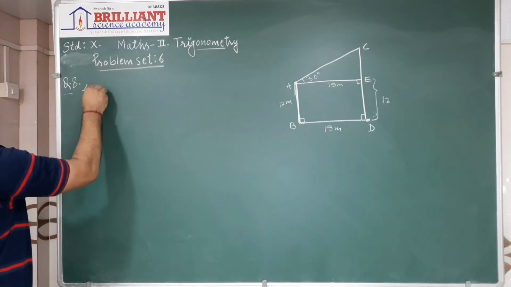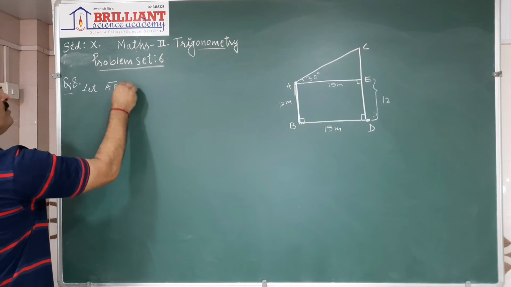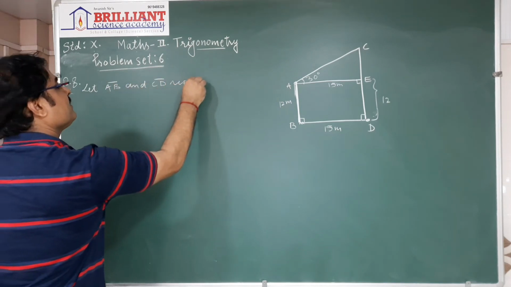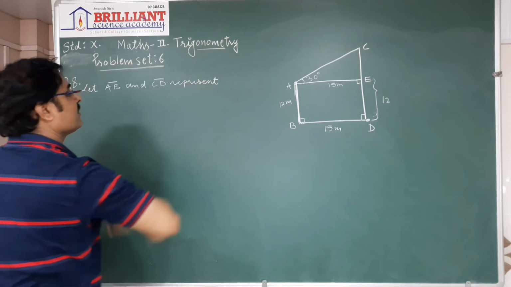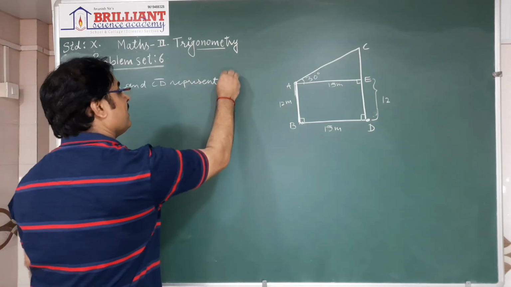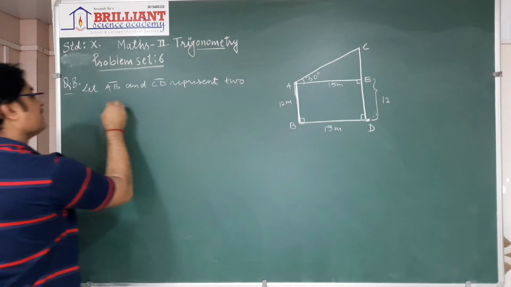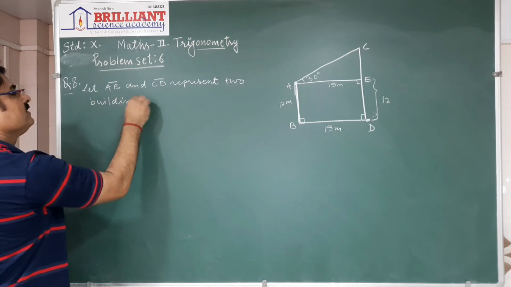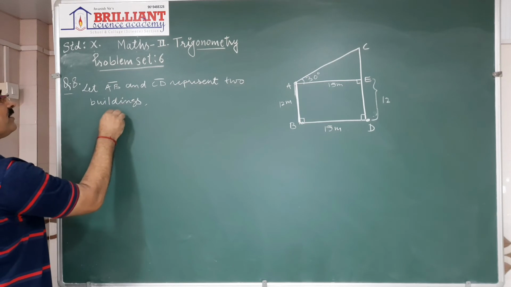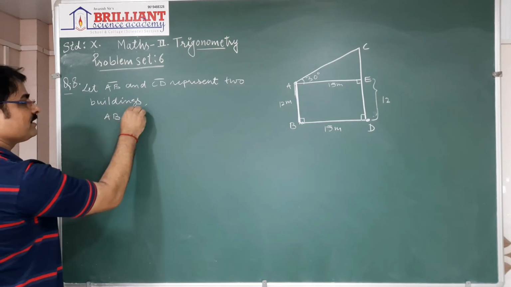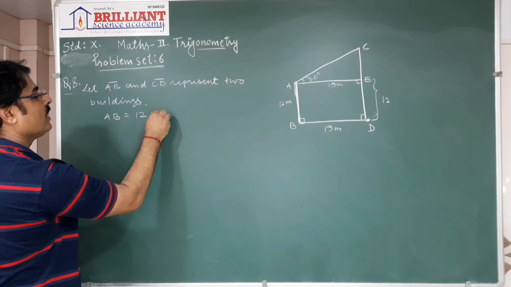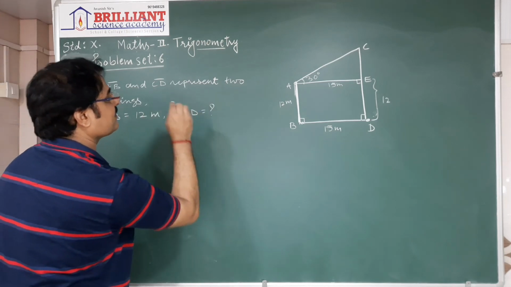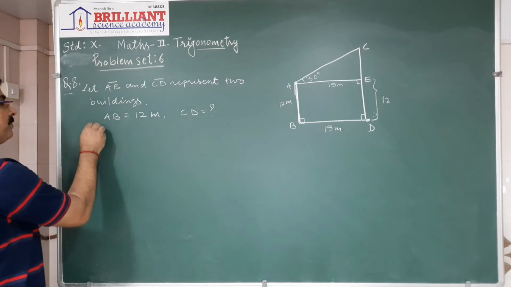Now consider segment AB and CD. Segment AB और segment CD क्या represent कर रहे हैं, represent two buildings. चलिए इसमें एक बिल्डिंग दिया है, first building AB, height of this building is given as 12 meter, and we will find the height of the second building CD and also BD.